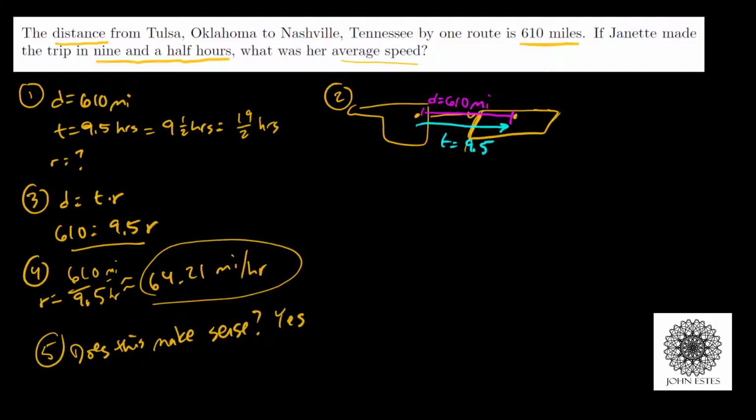I mean, 64 miles per hour is not unusual in my mind of traveling across the United States. So, what if I had accidentally typed in my calculator 610 divided by 0.95? So I misplaced my decimal, and I got an answer of something like 579.5 miles per hour.